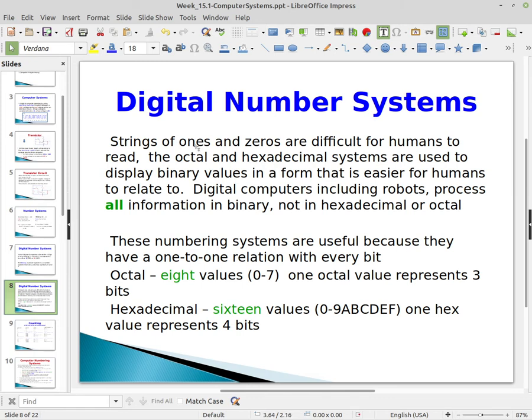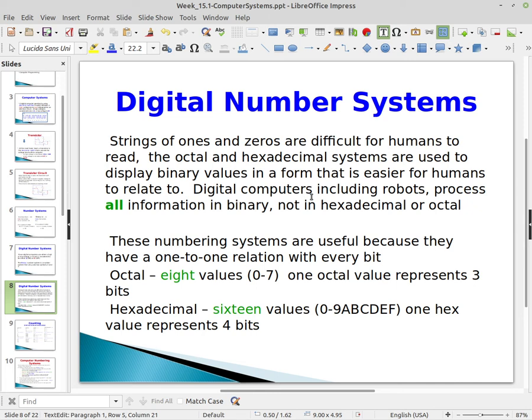And so when we string these all together, like if I have a 32-bit controller, then I'm going to have 32 of these 1's and 0's all together. If I have a 64-bit computer, I'm going to have 64 1's and 0's all strung together.